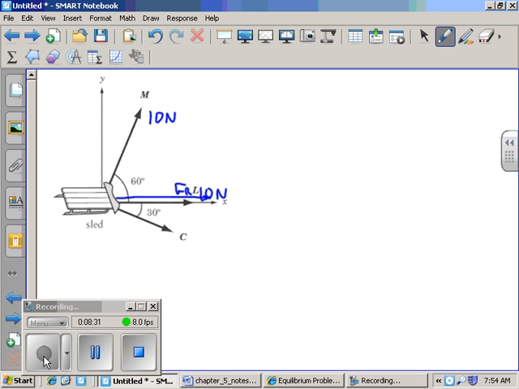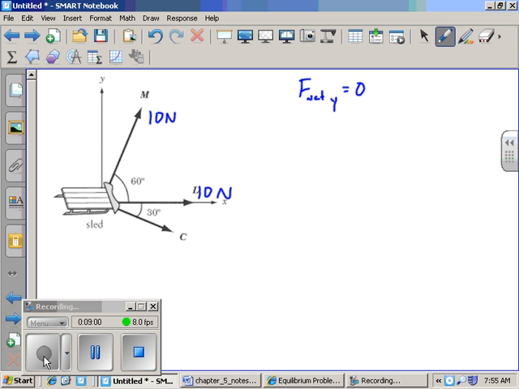However, if this is to be the case, I'm going to go ahead and erase that again. If the resultant force is in the x direction, we need to remember that the net force in the y direction has to then be 0. If it's only going to move in the x direction, the sum of the forces in the y direction has to be 0.